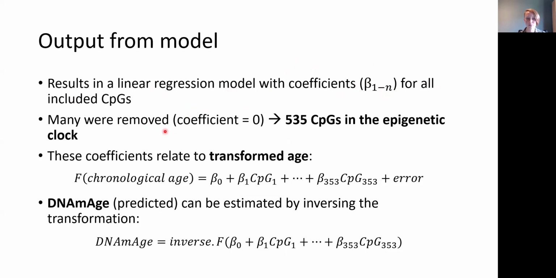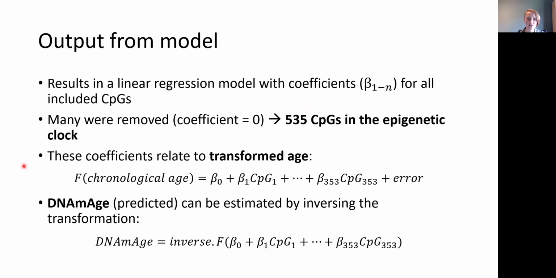However, many of these were removed and had a coefficient of 0, which essentially just removes them from the model. And so they ended up with 535 CPGs in the final model, and so in their final epigenetic clock, as it's termed. The coefficients that they got related to the transformed age, because that is what we got at the input. Again, we'll come back to visualizing this more in a minute.